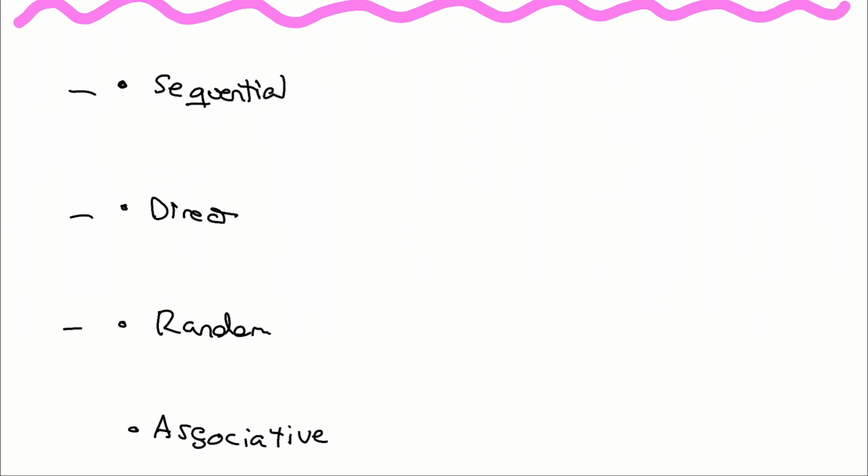Now, direct, as the name implies, allows you to jump to the vicinity of what you're looking for. While there is still a shared read and write mechanism, individual blocks have a unique address, and that's going to be like your hard drives. Because each individual location in the disk of a hard drive has a unique address, you know where you have to go. However, there is still a physical component involved, such as the laser reader, that has to move from here to here, and that actually takes time.